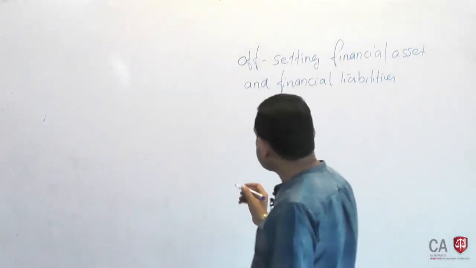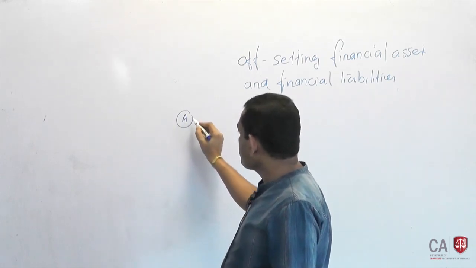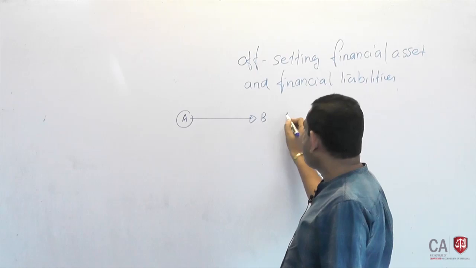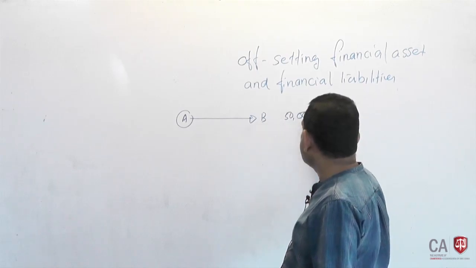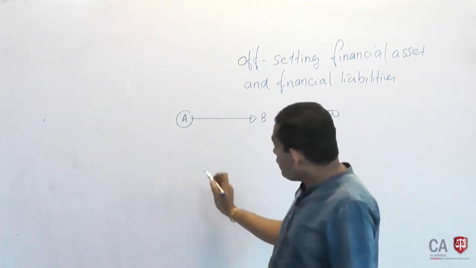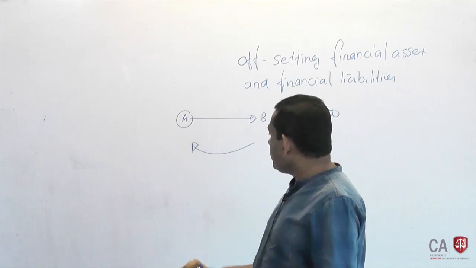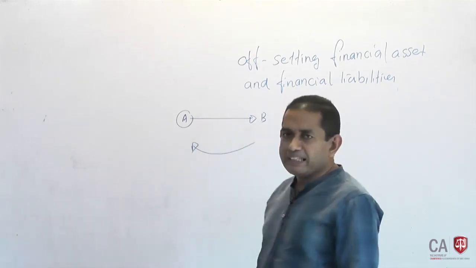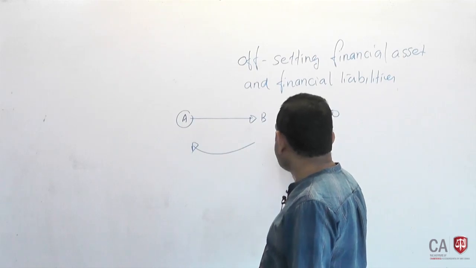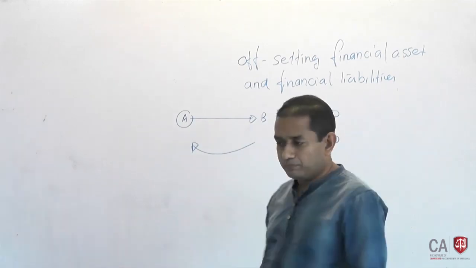It is like this. We are company A and we have sold goods to company B, it is 50 million rupees. And we have purchased some property, plant and equipment from the same party whom we sold the goods to. That is 40 million rupees and we have to pay him 40 million.